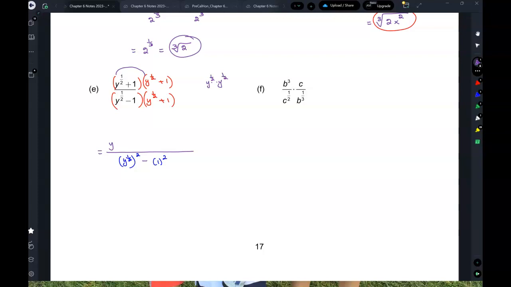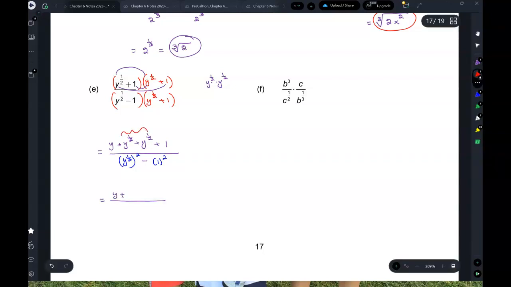Okay, outer terms, y to the half. Inner terms, y to the half. Last terms, 1. So y plus 2y to the half plus 1.